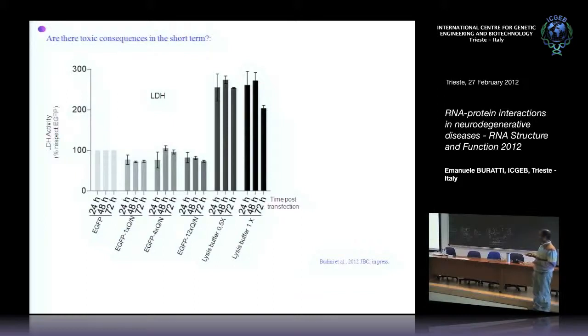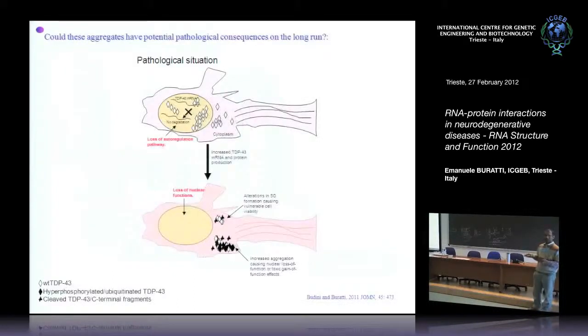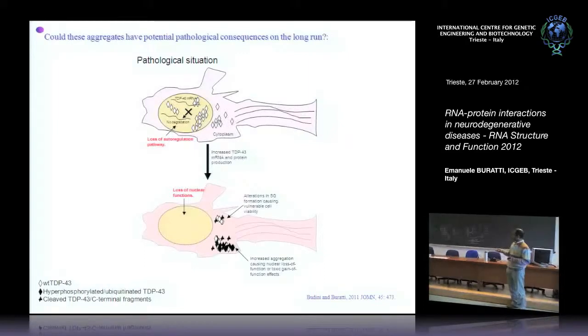Well, one possibility is that the aggregates themselves are toxic, but at least in our system, the formation of these aggregates using this effector didn't show any toxicity whatsoever. These are positive controls. This is a toxicity assay in our cells. And so one possibility is that the aggregates really are, by themselves, neutral. So the formation of the aggregates inside the cytoplasm is not very harmful for the cell.